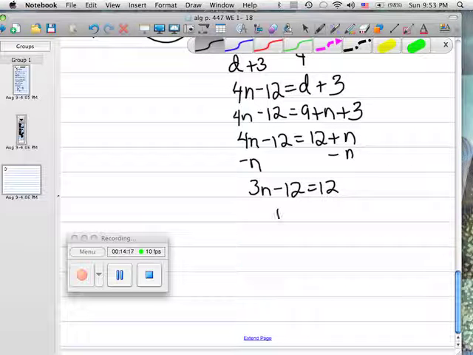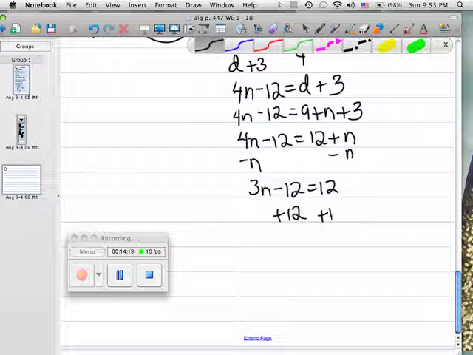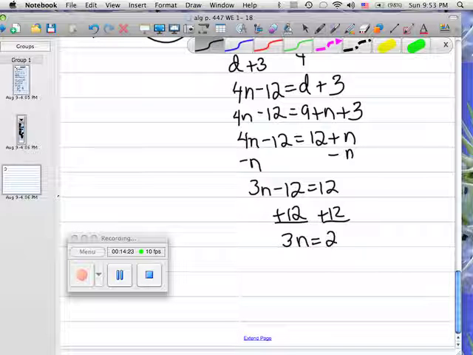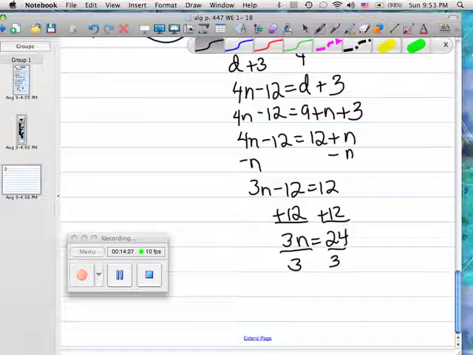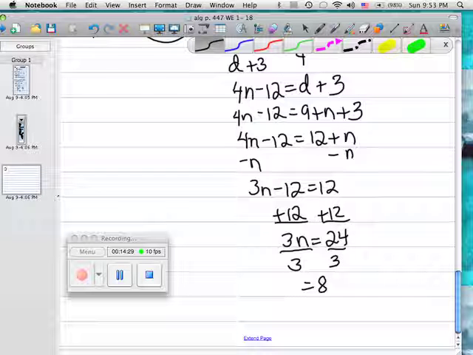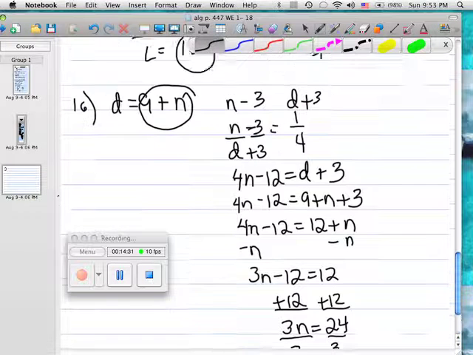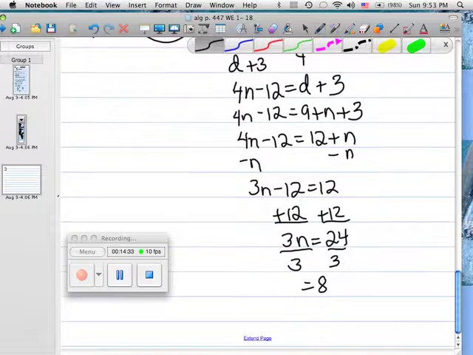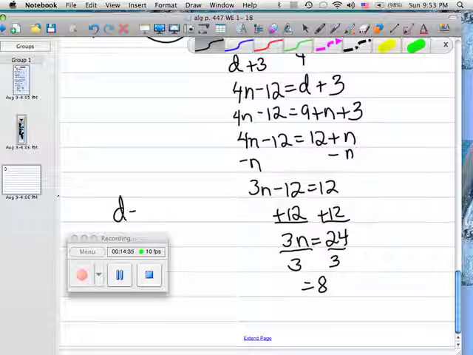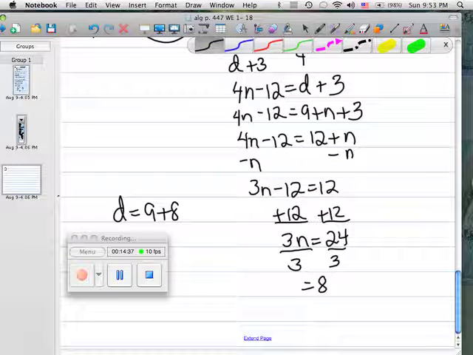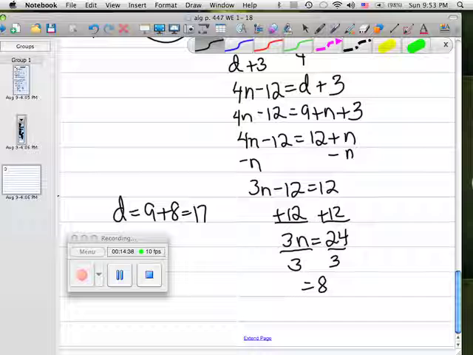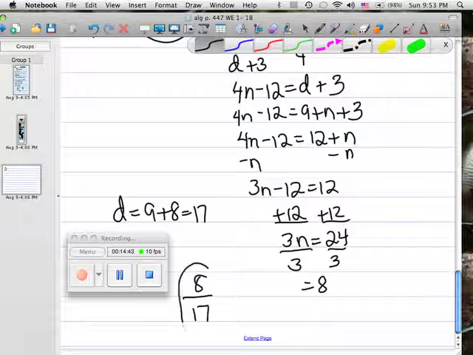Add 12. I get 3n equals 24. Divide by 3, and the numerator is going to be 8. And the denominator was 9 more. So the denominator equals 9 plus 8, which is 17. So my fraction, the numerator is 8, the denominator is 17. So that's my fraction.